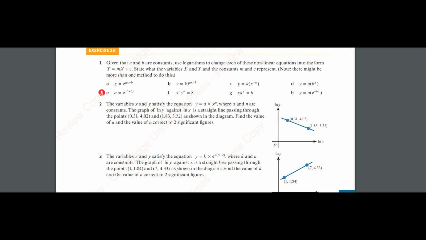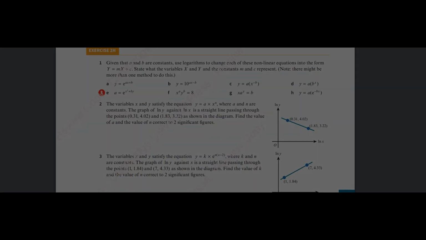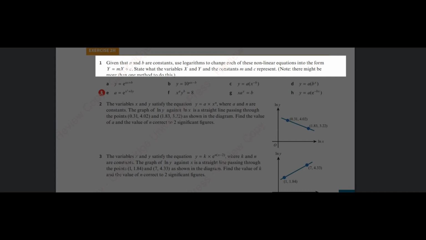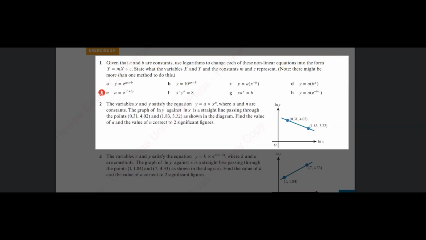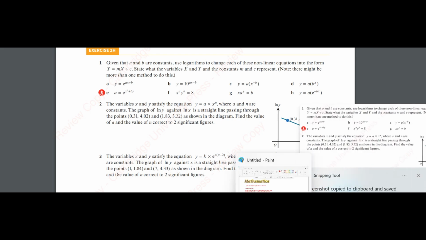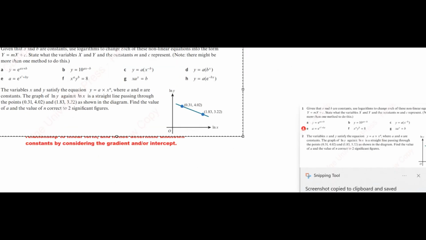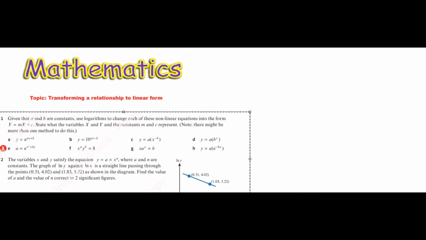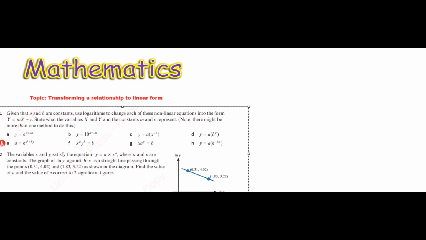Let me start with question 1. I'll just pick question 1 to explain, then maybe I'll do question 2. Questions 2 and 3 are similar, so with that you have a hint on how to go about it. I have moved them to the board and I have the question here.